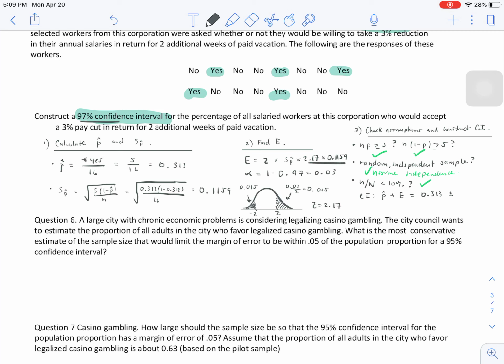If I plug this product into my calculator for my margin of error, I should get about 0.252.